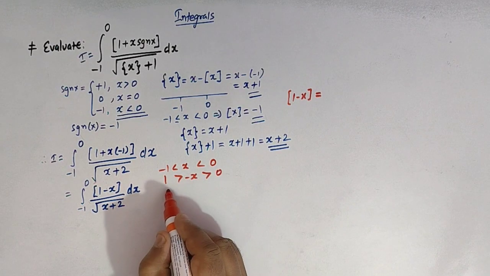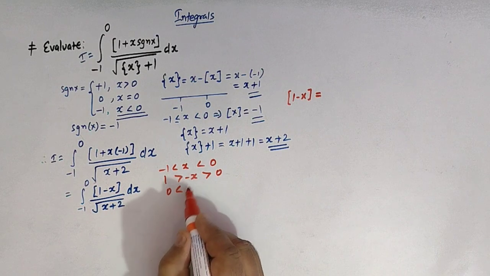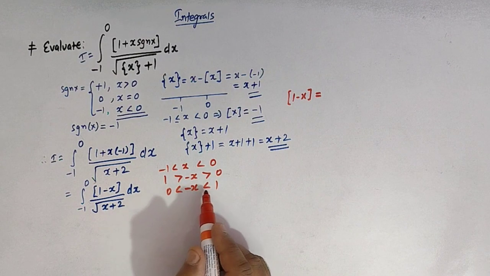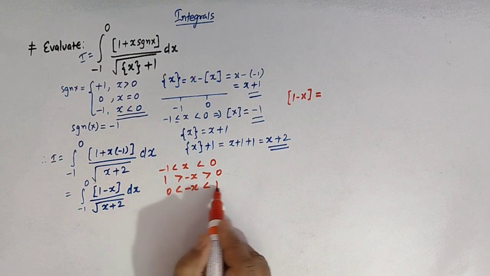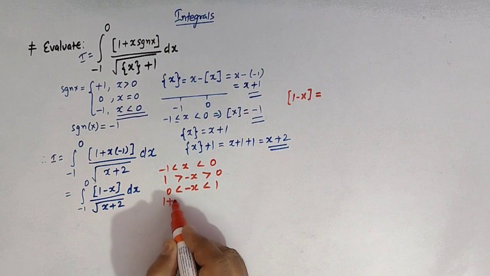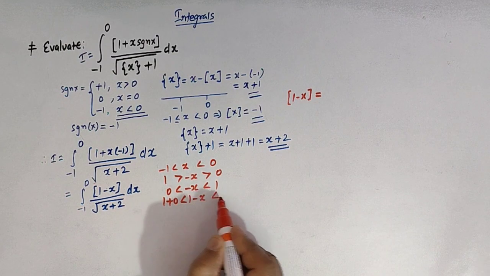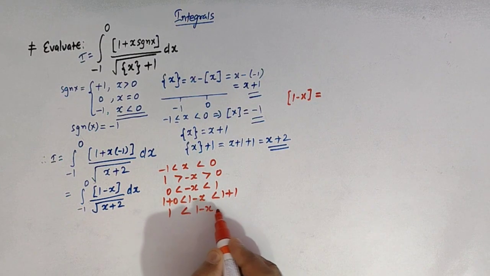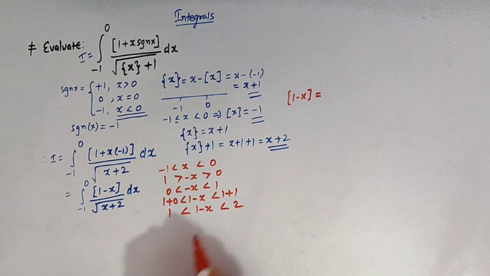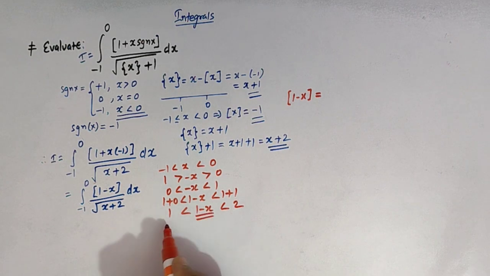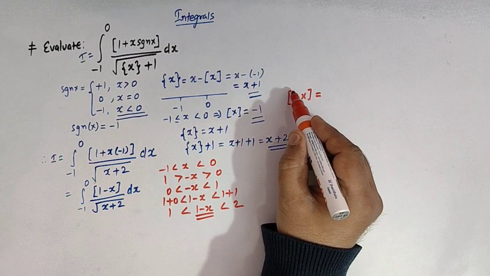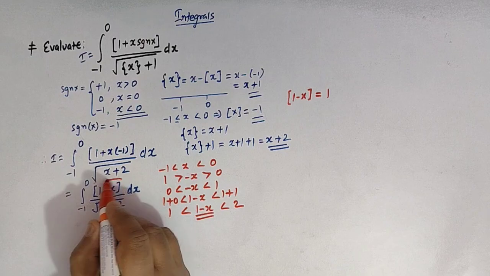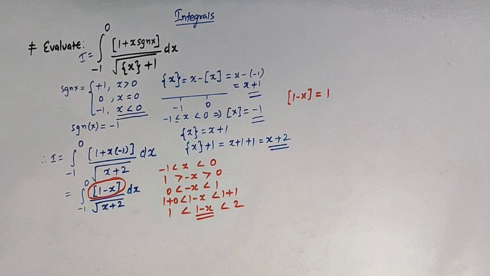We can write this inequality as 0 less than minus x less than 1. Now let us add 1 to this inequality. So we have 1 plus 0, here 1 minus x, and here 1 plus 1. So 1 minus x lies between 1 and 2. So the greatest integer of 1 minus x must be equal to 1.